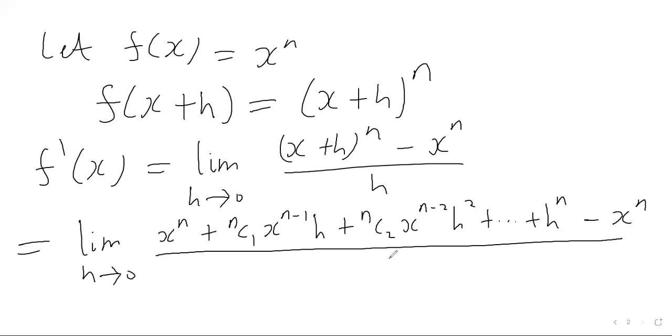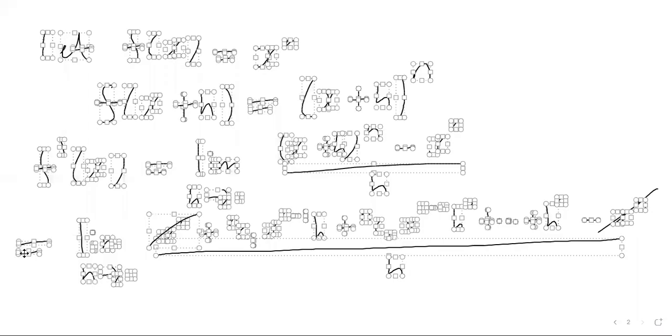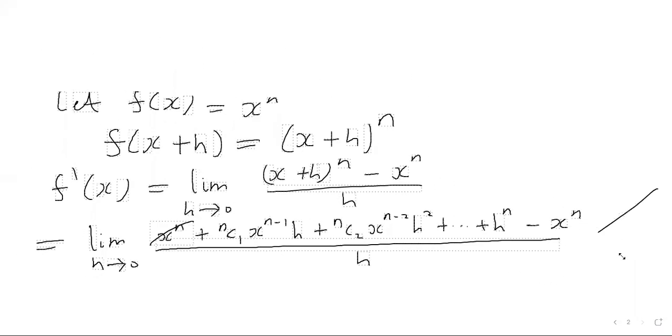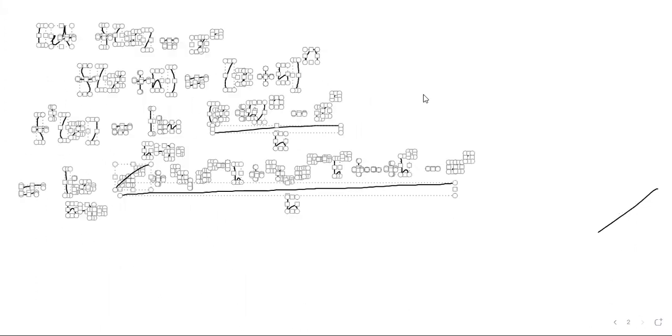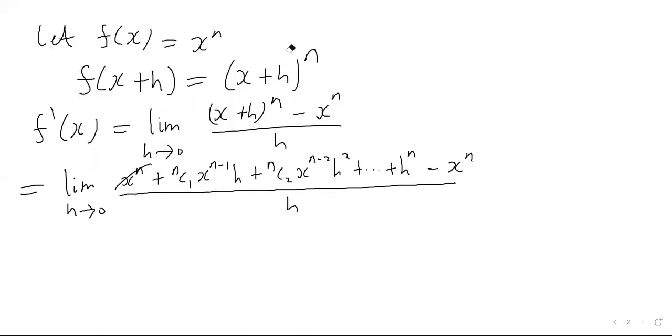Now we can cancel out a little bit at the top. We've got this x to the power of n here, and this minus x to the power of n, so that can cancel out. Then we can simplify the fraction. We've got the limit as h goes to 0, and we can factor out the h's on the top: there's an h there, an h squared there, an h to the n there, and all these h's in between.